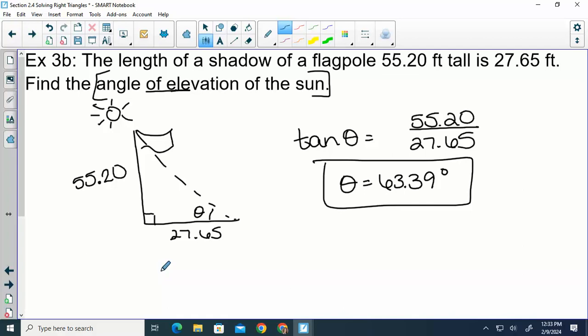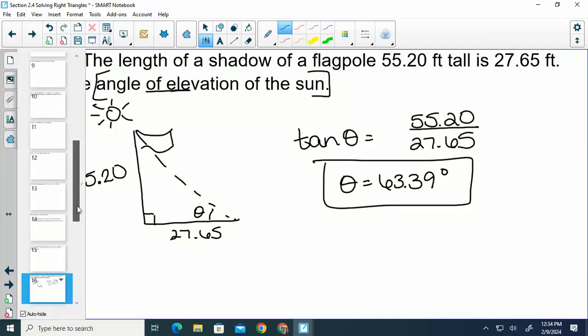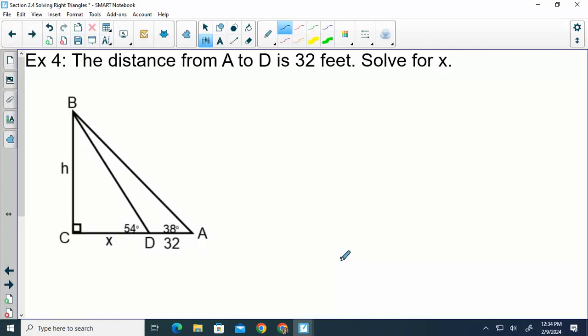Let's look at another problem. Do we need another elevation depression problem? And the last type of problem I have.